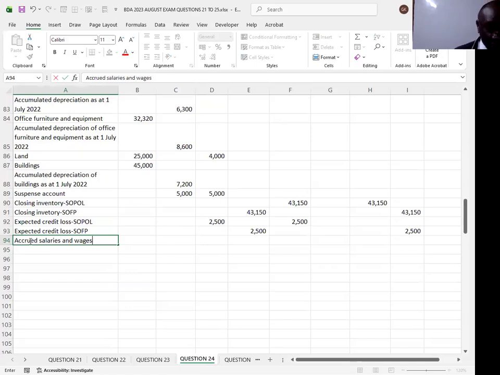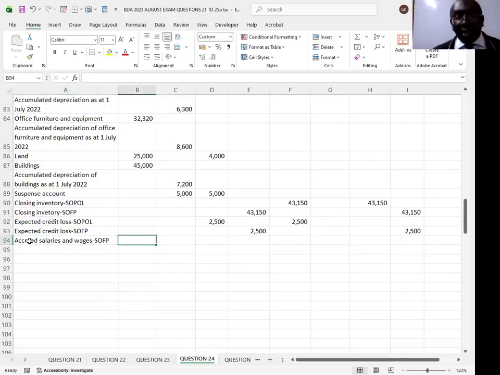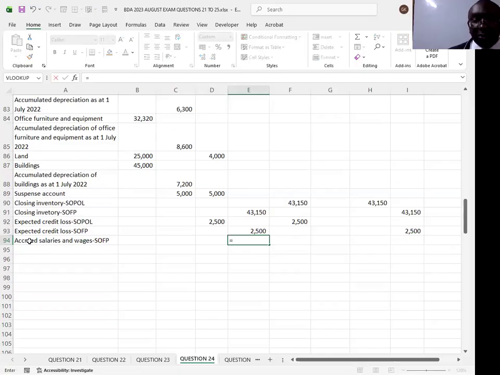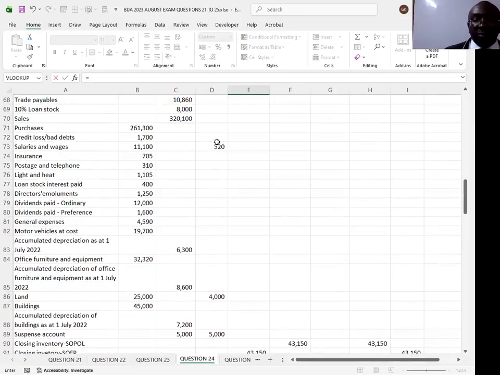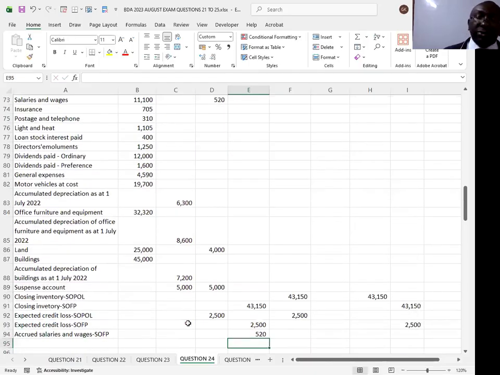Now, these accrued, remember, it is supposed to go to the statement of financial position as a current liability. So we are going to credit here equals, tukibia huku juu, tuchukue hii 520. Sorry, we credit.